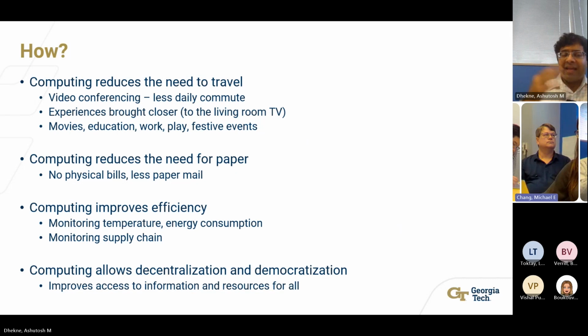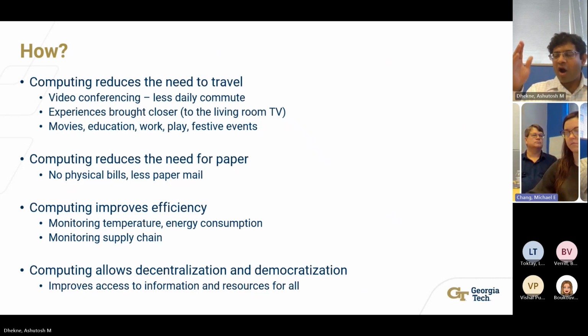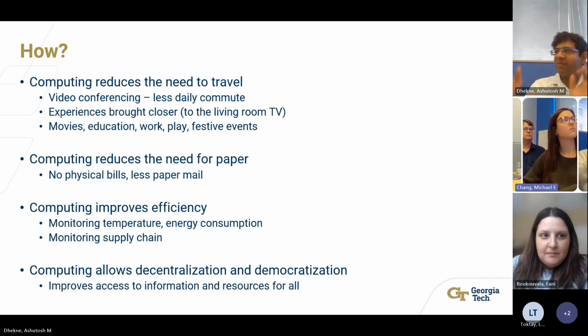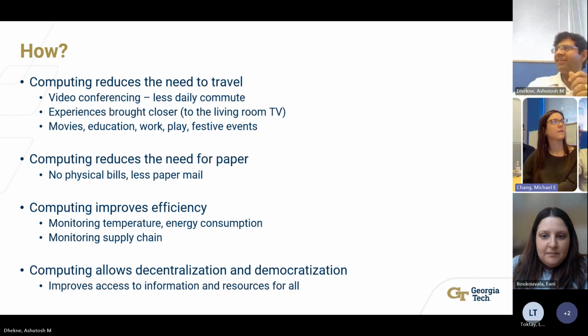We can have movies at home. You can be educated at home. You could work from home. You can play at home. You can even enjoy festive events at home. So this has become my pet favorite: on 31st night, we spend that evening at home just watching YouTube channels from different countries as they celebrate their own New Year's, 31st December.